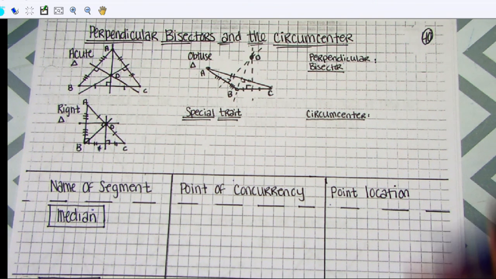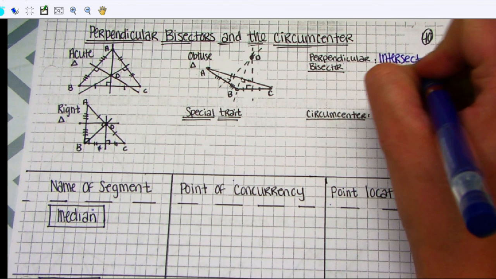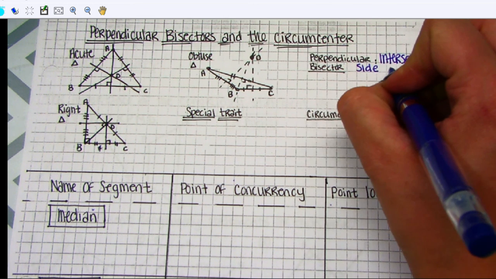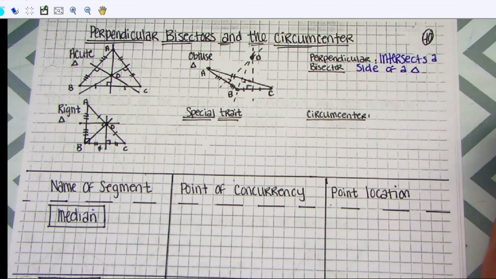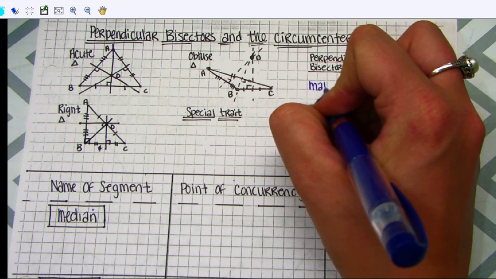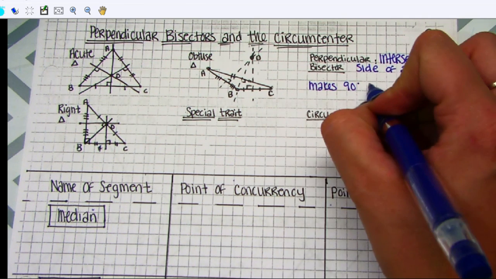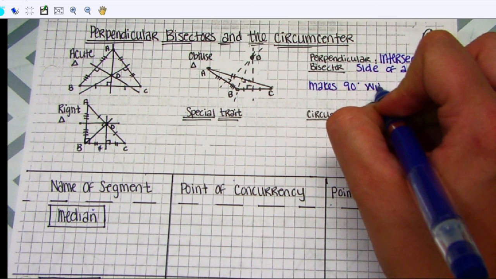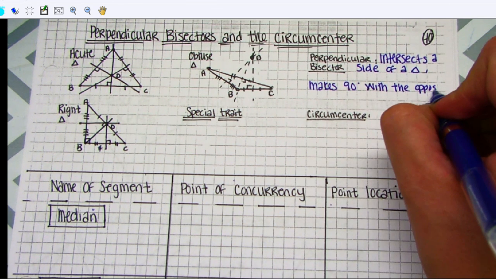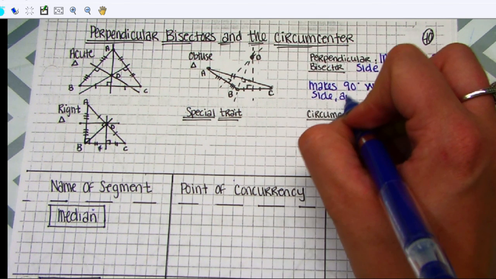A perpendicular bisector intersects a side of a triangle, makes 90 degrees with the side, with the opposite side, we'll say, and it goes through the midpoint.